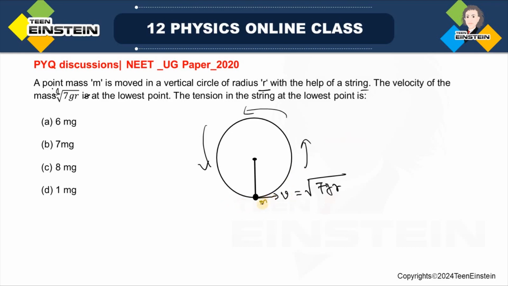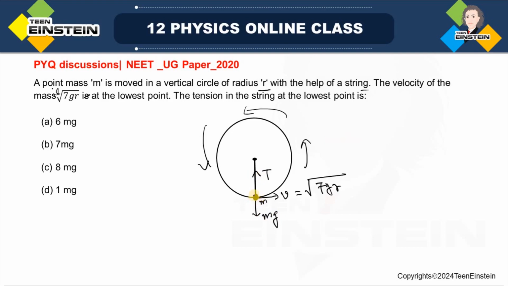So there is a force in the upward direction through the string, that is the tension, which acts as the centripetal force for the object to undergo this circular motion. And there is the weight due to its mass, that is mg, acting in the downward direction.